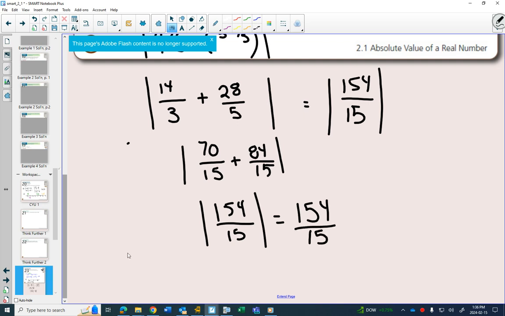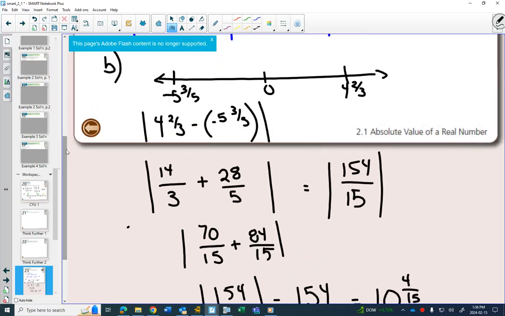And get 154 over 15. I think your textbook at the bottom, changes this to 10 and 4/15. Okay? That's probably the most common way to add fractions.